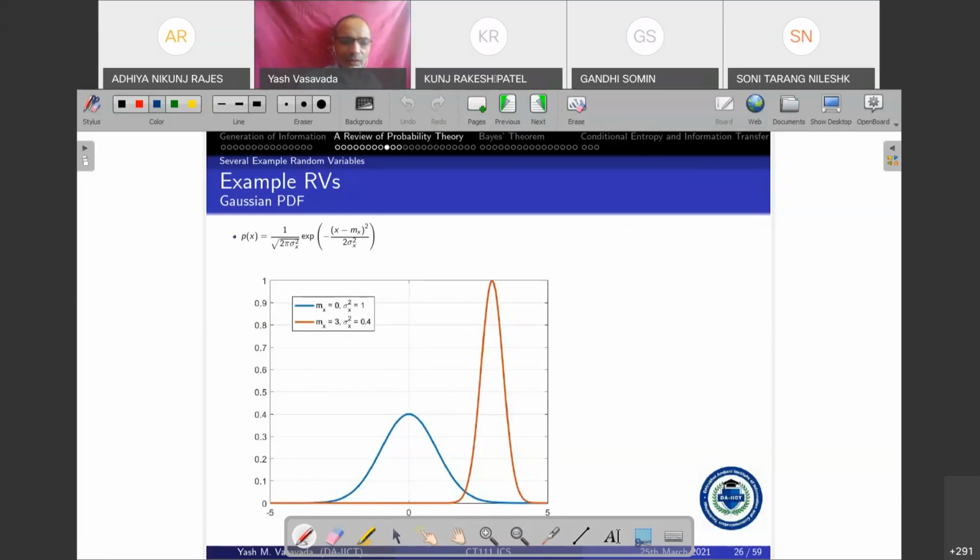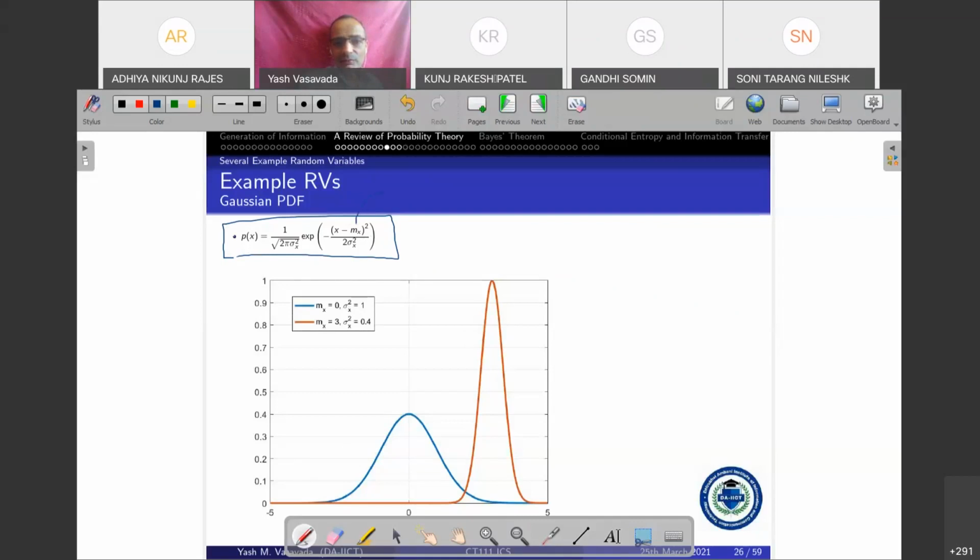There is one more type of variable which I think you should be familiar with. Most people are familiar with this bell-shaped curve, which is called the Gaussian PDF. The Gaussian PDF again corresponds to a real valued random variable, and the PDF is given by this formula. One nice thing about this Gaussian PDF is that you don't have to spend too much time finding out what the mean and the variance are.